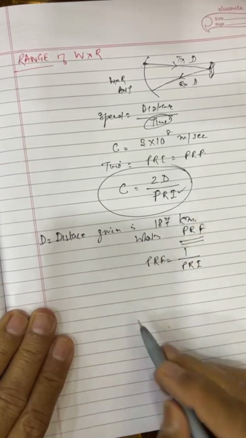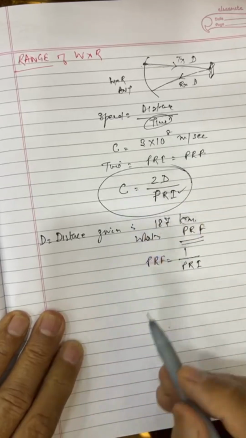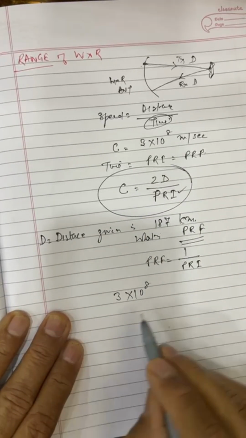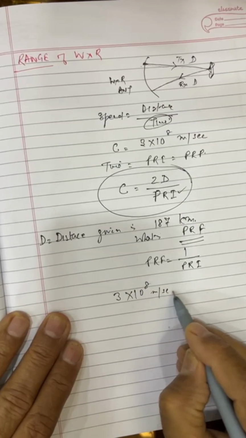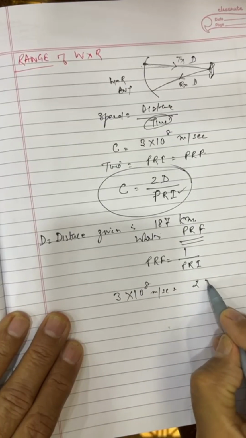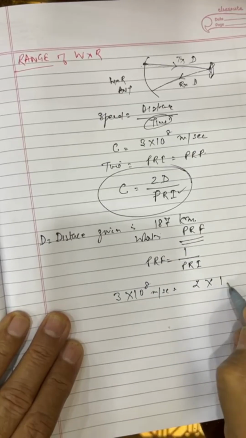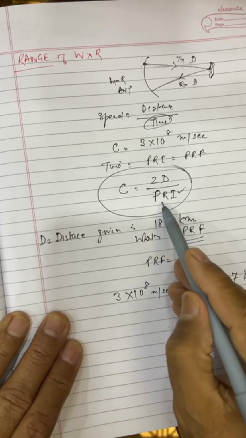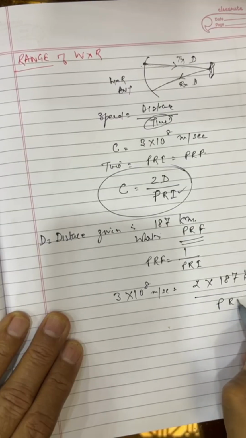Okay. Let's take C is equal to 3 into 10 raised to the power 8 meter per second. D is given as 2 into 187 kilometer, and you have to calculate PRI.